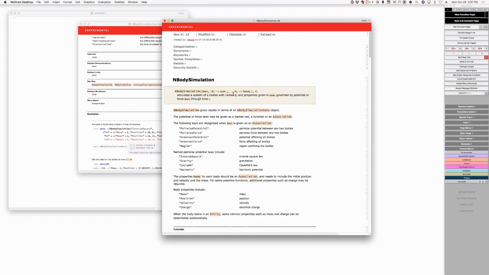Okay, fine. Seems okay. Gives results in terms of an NBodySimulation object as a result, right? Yes.